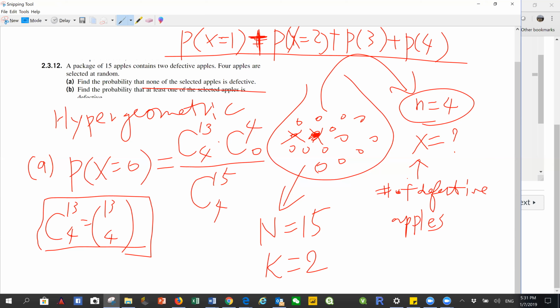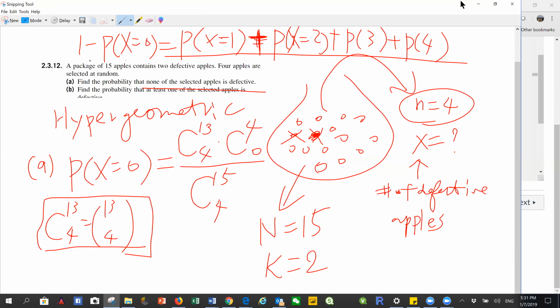You can do that, but that's kind of cumbersome. So what you should do is actually just 1 minus P(X=0). When you get the answer for the first question, just do 1 minus that, and you will get the answer to the second question.